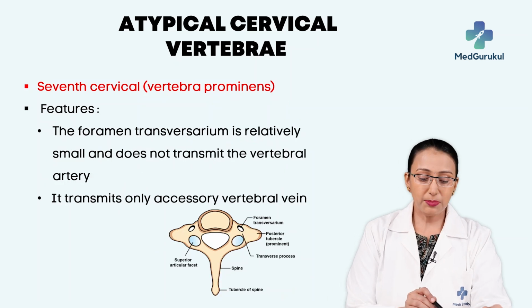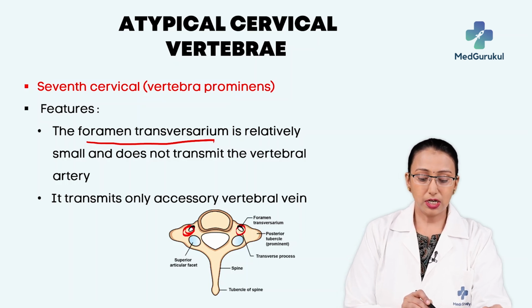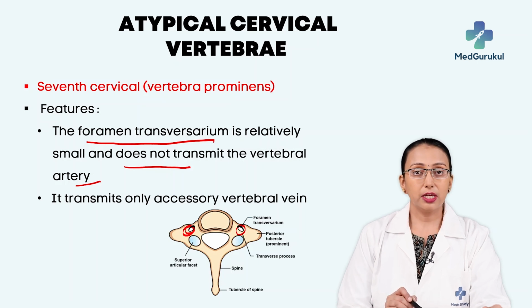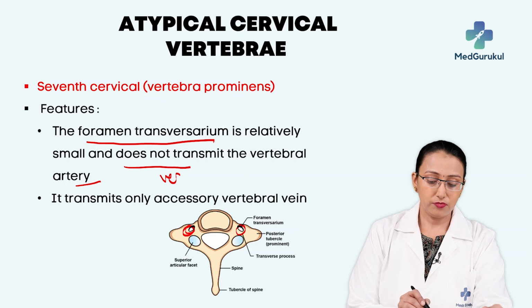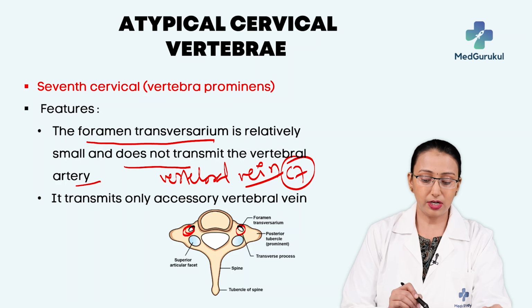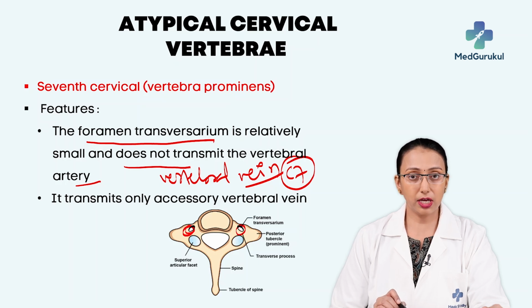Then the foramen transversarium within the transverse process here does not transmit the vertebral artery. It transmits only the vertebral vein, so we have to remember that. Then we have to know that the first part of the vertebral artery is present within the scaleno-vertebral triangle.